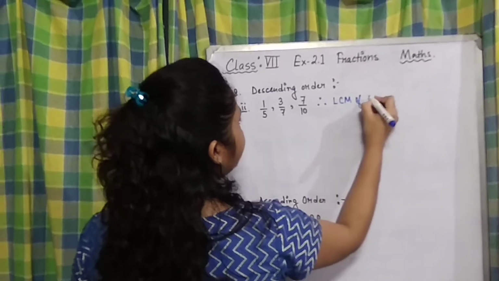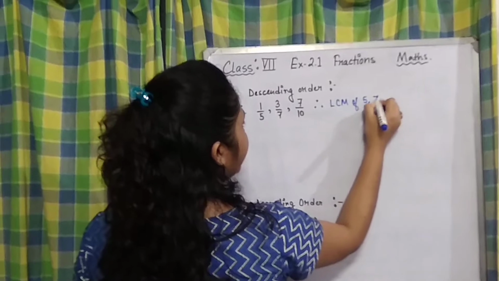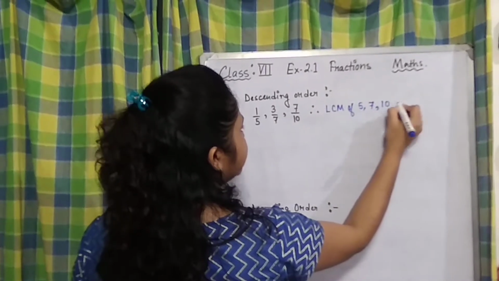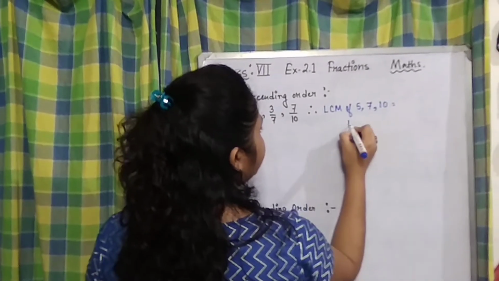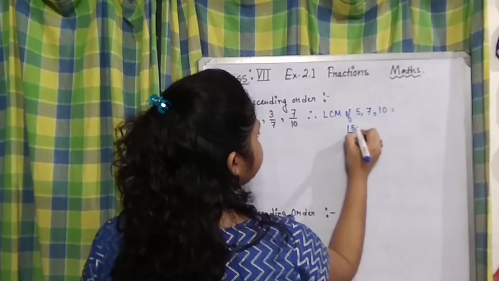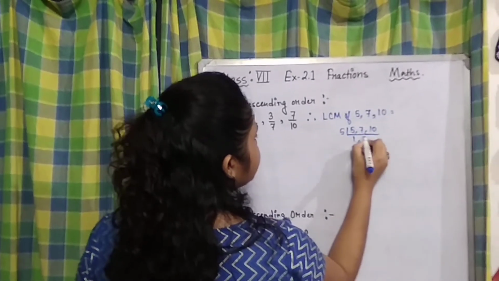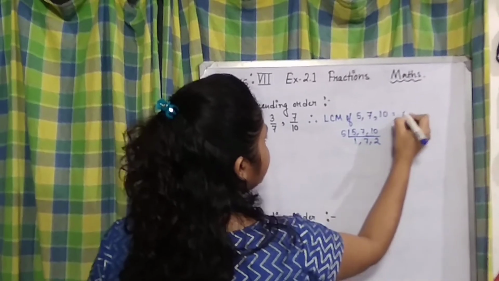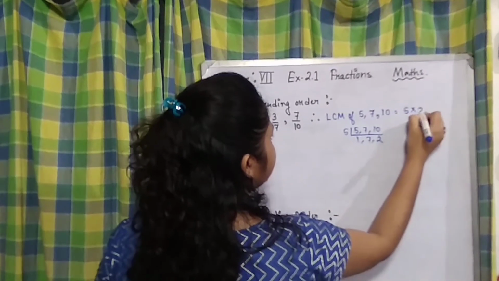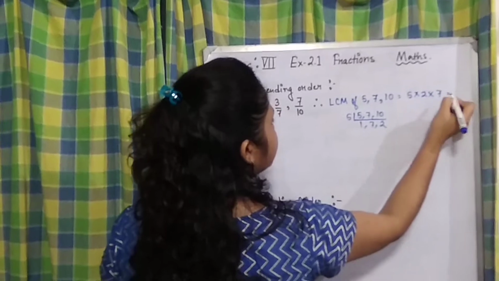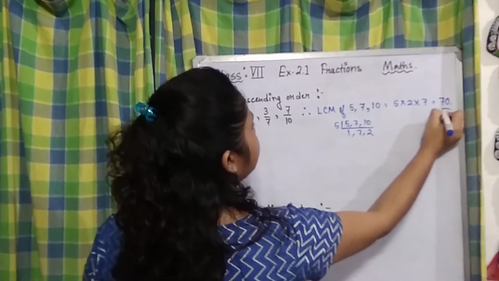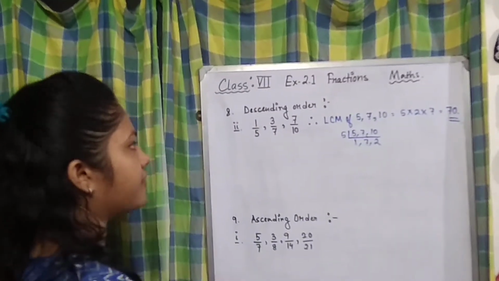So we are going to find out the LCM of 5, 7 and 10. Here we are going to multiply, and hence the LCM is 70.